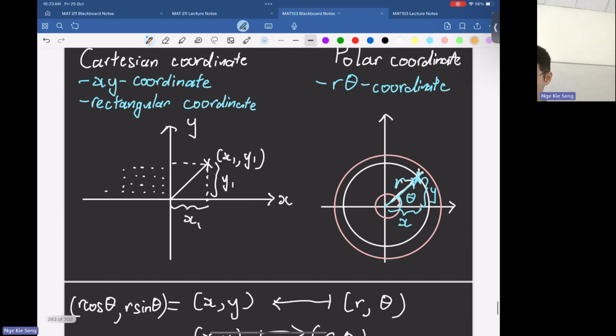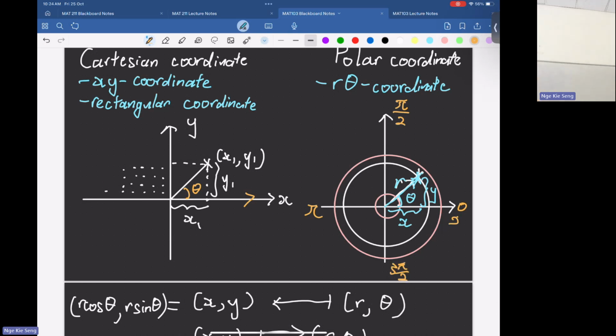So you really need to come back here and look for the angle that this point makes with your axis here. This angle is always taken from the positive, to be precise, the positive x-axis. We take the positive x-axis as the 0 angle, and then you go above, which is the first quadrant, pi over 2, and then pi, and then 3 pi over 2, something like that.